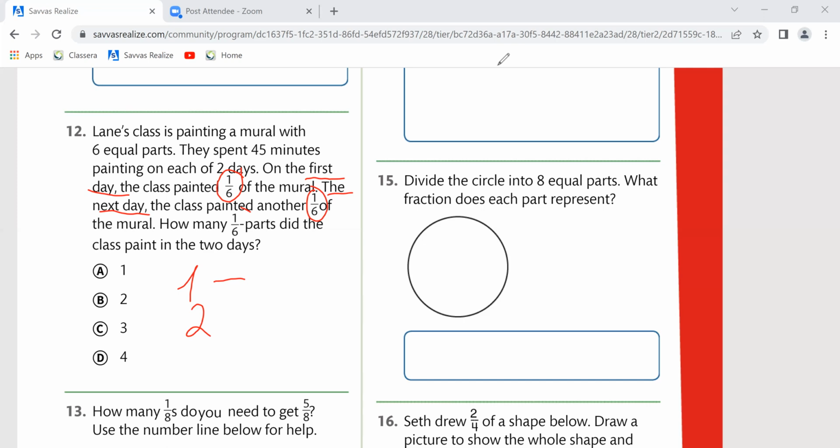One more time. The first day, 1 out of 6. 1 part. The second day, 1 part again. How many parts together? 2 parts. Just 2 parts. That's it. Just think logically.